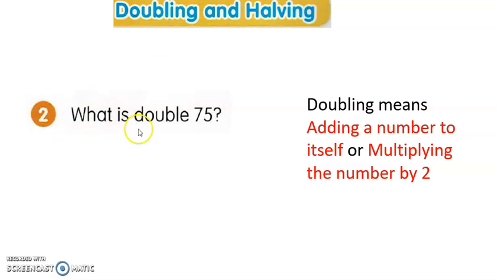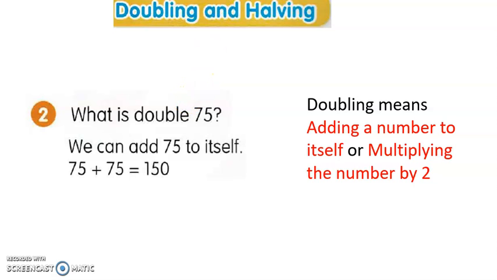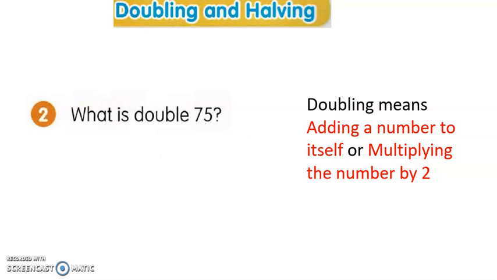So what is the double of 75? The answer will be we have to add the number 75 to itself. So 75 plus 75, then we're getting the double. So in general, double means adding the same number to itself.